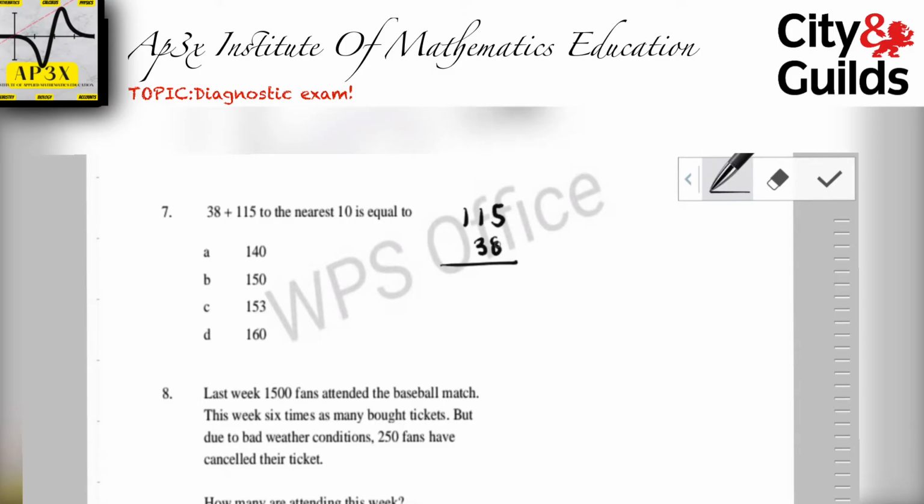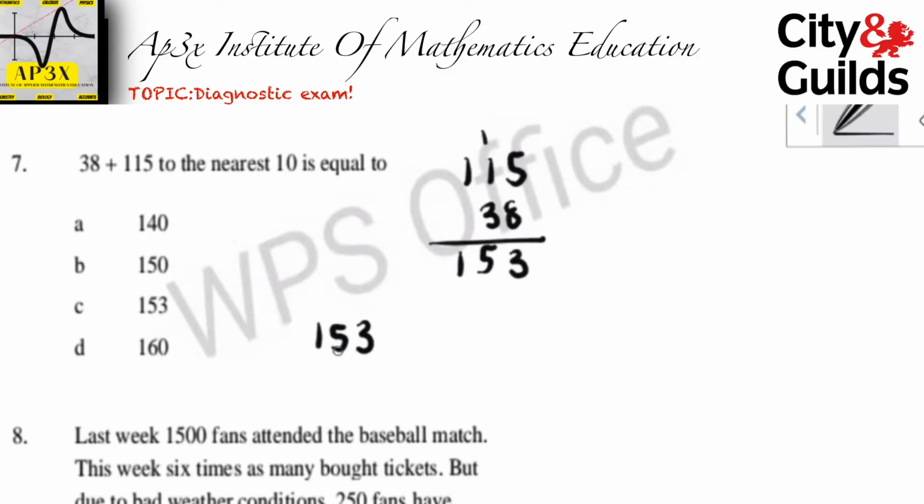Let's just add these two. 8 plus 5 is 13, so that's 3, carry your 1. 3 plus 1 is 4, 4 plus 1 is 5, and so therefore we have 1 here. So now the number that we're looking at here is 153, but the question specifically stated that they want it to the nearest 10. All right, so we know that the 1 represents 100, the 5 represents 5 tens.